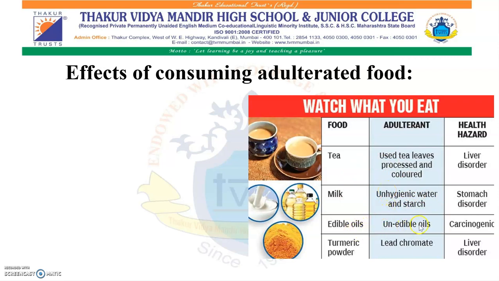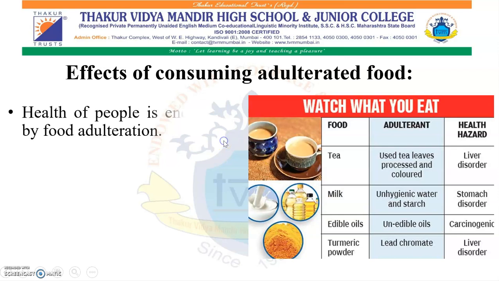Some inedible oils are mixed with edible oils. And lead chromate, which is a chemical, is added to turmeric powder. And the harmful effects over here you can see in the last column. It can lead to liver disorder, stomach disorder, or it can be carcinogenic, which is cancerous in nature.